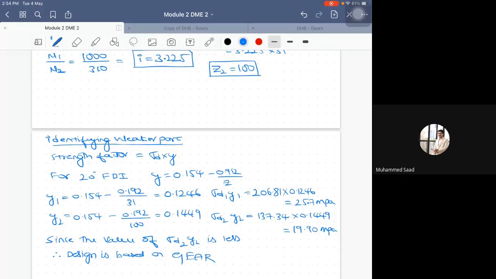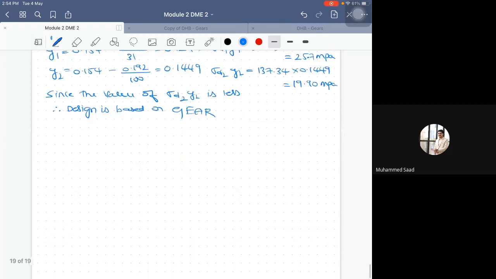Before you come to the next class, I want you to fix upon the module. By the next class, you have to find the module.